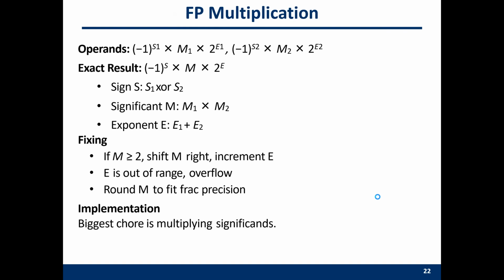Because the M is between 1 and 2, the product may be larger than 2, then you need to increase the exponent.